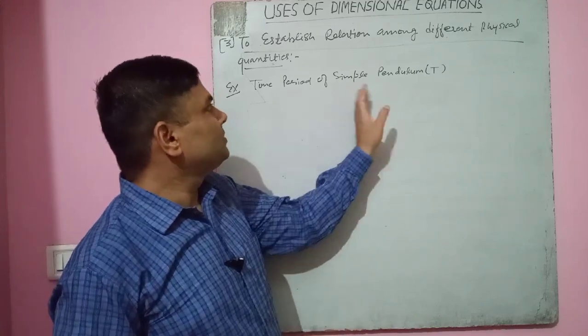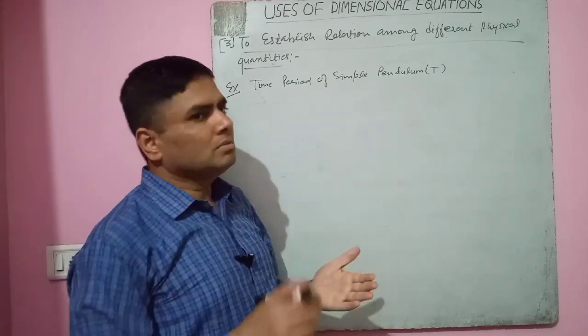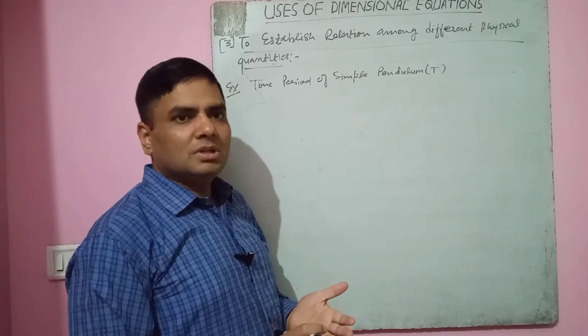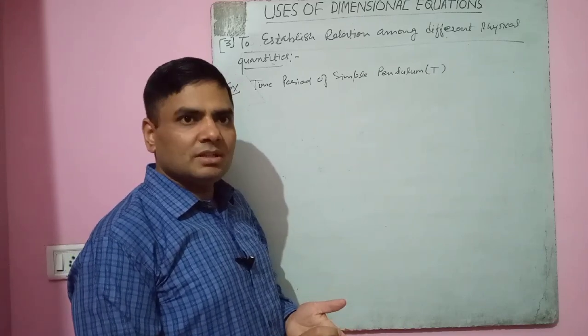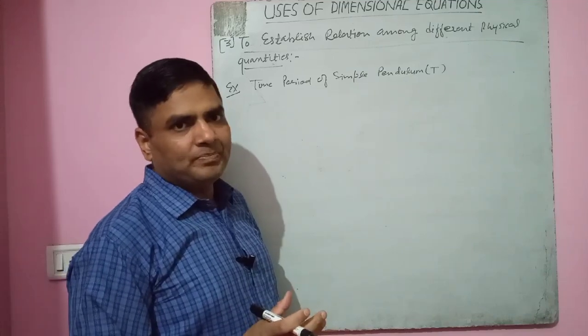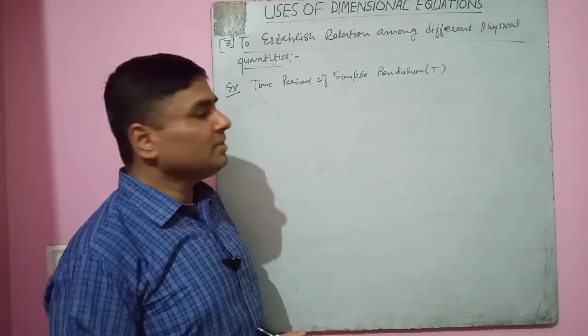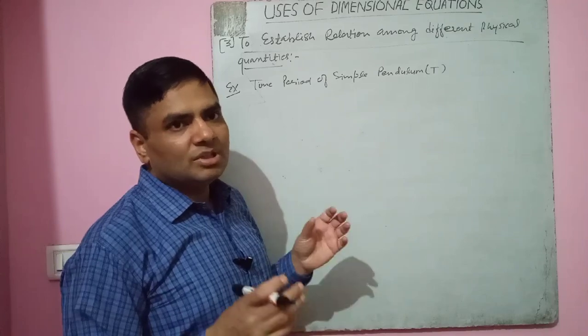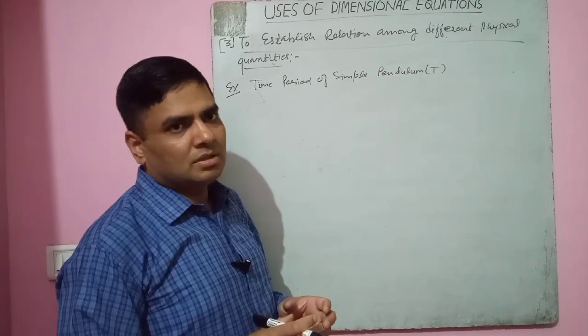This means the time period T depends on these three quantities. Then we have to establish a relation among these physical quantities.